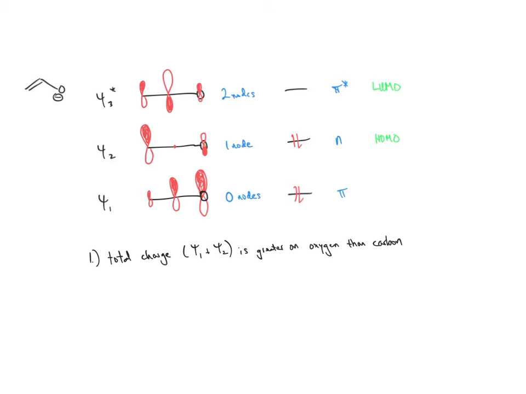How do we know that from this molecular orbital description? What we need to look at is the size of the lobe on oxygen. If we were to add up the sizes of those two lobes on oxygen and compare those to the size of the lobes on carbon, we would see that the sum of the lobes is greater for oxygen than it is for carbon. Why don't we care about psi3? Well, psi3 doesn't have any electrons in it, so it can't have a negative charge.